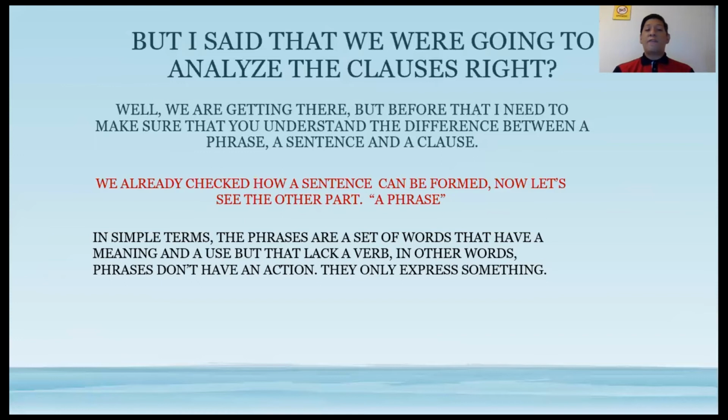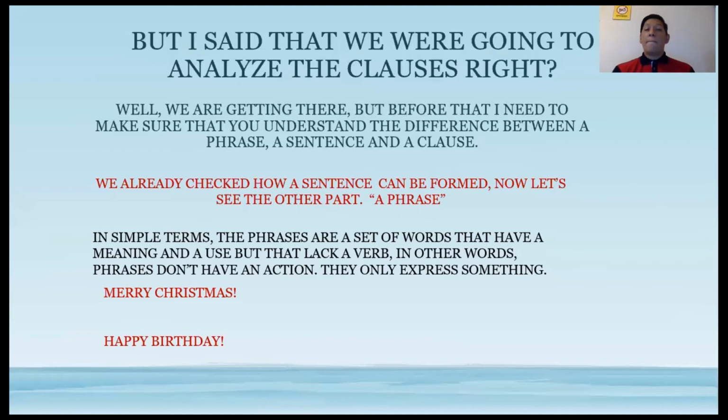In simple terms, phrases are a set of words that have a meaning and a use, but that lack a verb. In other words, phrases don't have an action. They only express something. Probably they can have a subject, probably they can have a complement, but definitely they do not have a verb.